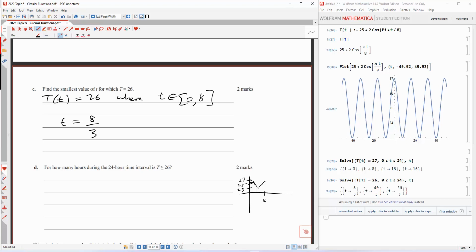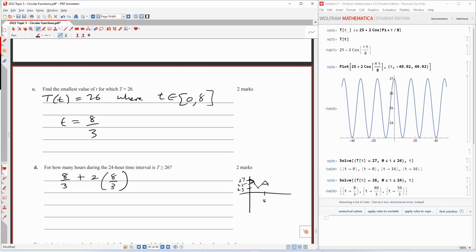Right, so it's going to be above there, and on either side of 16 it's going to be above as well. So I know that basically this part here represents 8 on 3 hours, or 2 2/3 of an hour, and this bit here is 2 lots of 8 on 3 by symmetry. So that's going to be 2 lots of the 8 on 3.